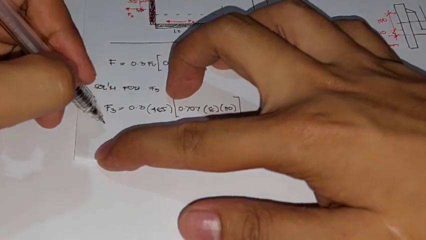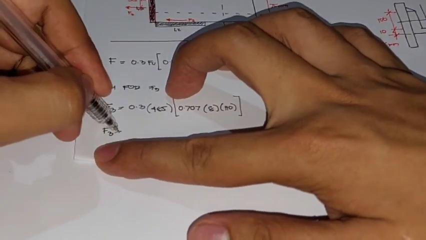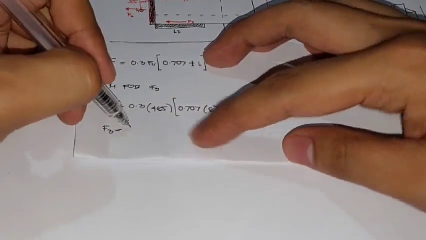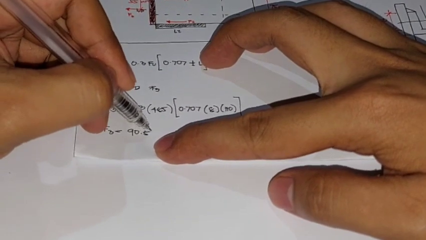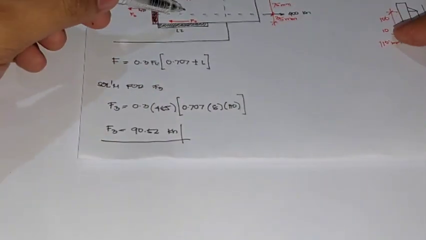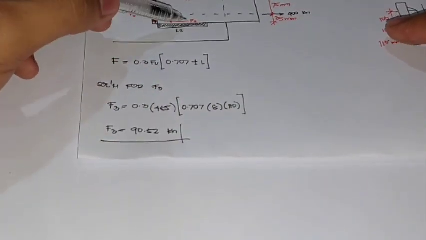So the answer is 190.52 kN. So we have F3, and what is left is F1 and F2.